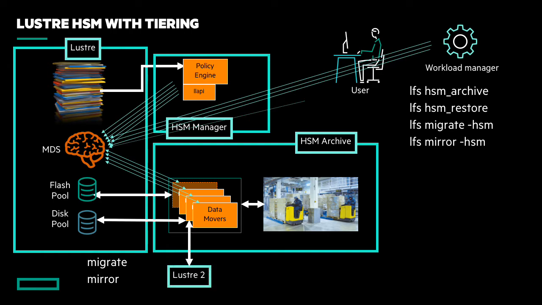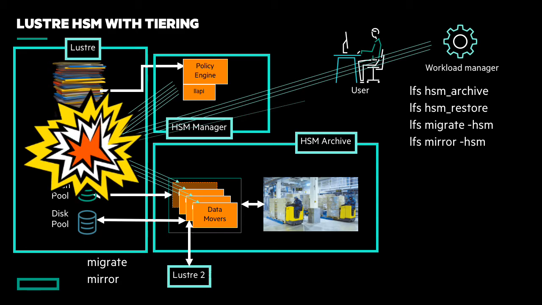And hey, as long as we're at it, why can't we move data between two different Lustre file systems, right? So now we have our workload manager and our policy engine and our users sending requests for data movement to two different file systems. Both of those file systems should use the same set of data movers, but our poor little MDS brain explodes at this point.